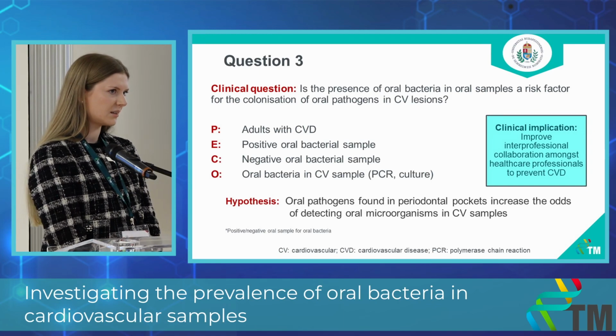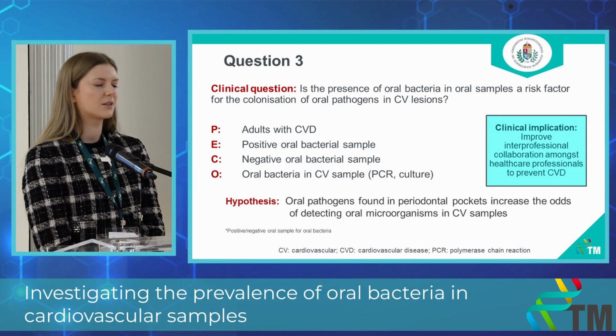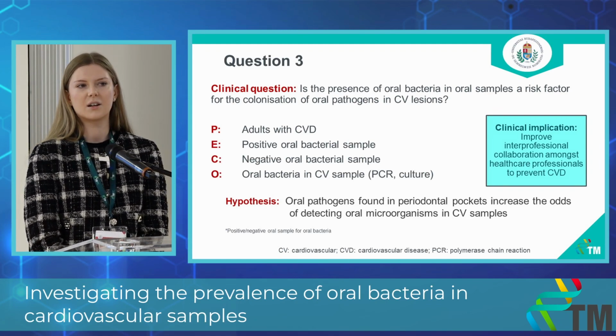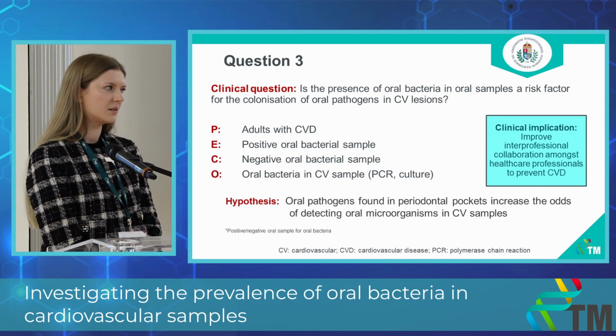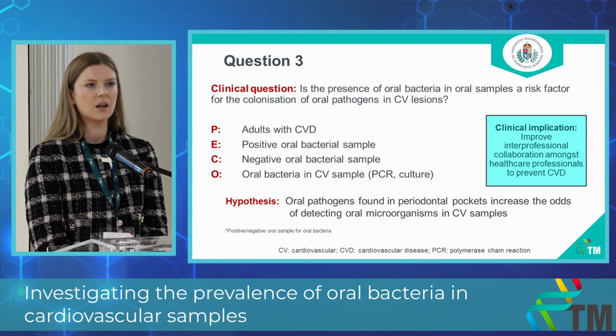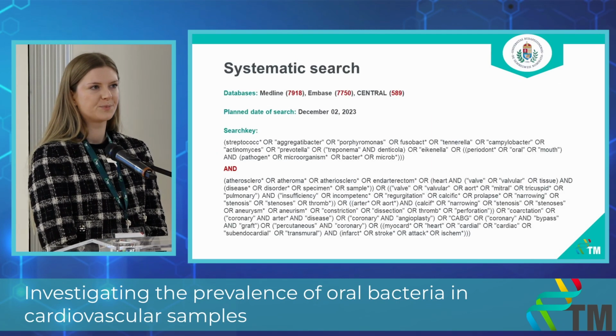Our hypothesis is that oral pathogens found in periodontal pockets increase the odds of detecting oral microorganisms in cardiovascular samples. And our clinical implication is to improve interprofessional collaboration amongst healthcare professionals and to prevent CVD.